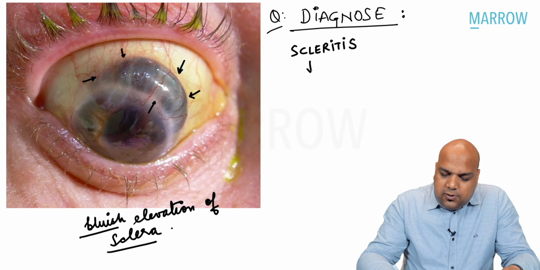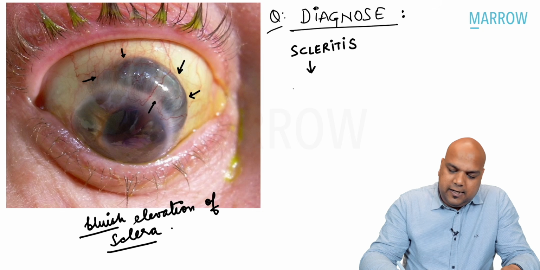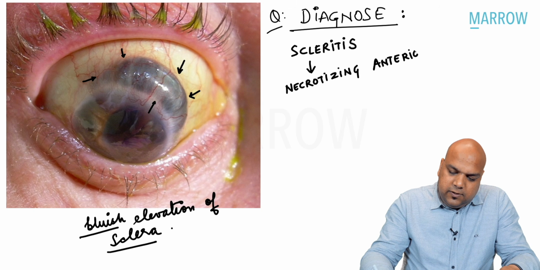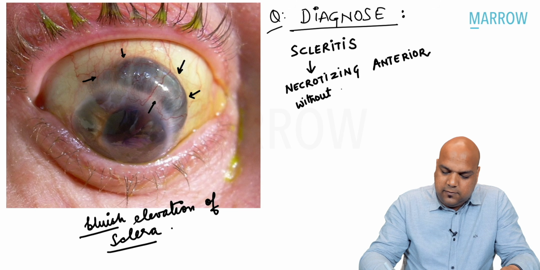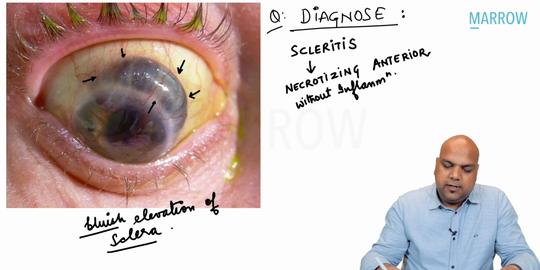It is bulging because it is a specific type of scleritis which is called necrotizing anterior scleritis but without inflammation. I know, an inflammation without an inflammation, but nonetheless, that's how we describe it.